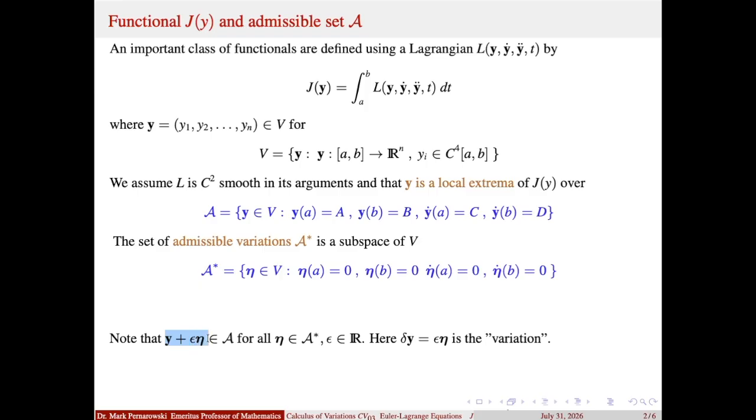So down here, I'm wanting this statement to be true for all epsilons if I fix an eta. And by doing that, we can define the first variation. So it's pretty clear that if, in particular, eta and eta dot on the boundaries are 0, then when I take an eta out of here and I add it to a y, I still get a sum that's in the set A.